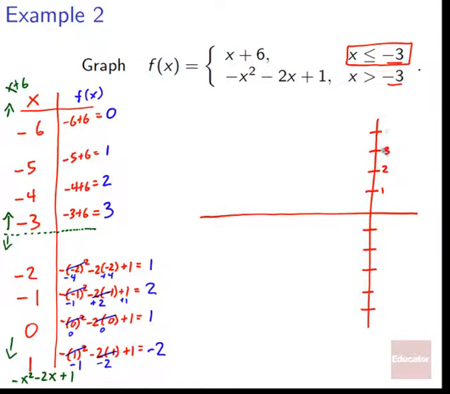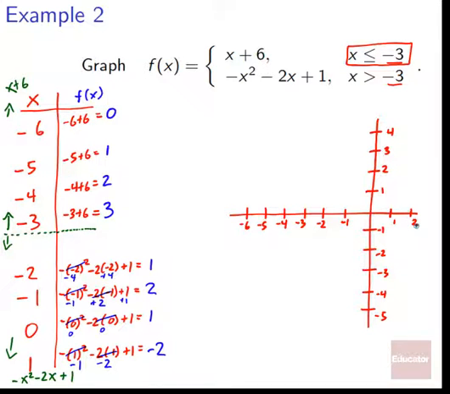And there doesn't seem to be any reason why we shouldn't do this on a square axis. So the length of our vertical tick marks can be the same as our horizontal tick marks. And of course, I'm just doing this by hand, so it's approximate, but this isn't too bad. 1, 2, 3, 4, 5, 6, and it would keep going out that way as well. All right, so negative 1, negative 2, negative 3, negative 4, negative 5, and negative 6, 1, 2.